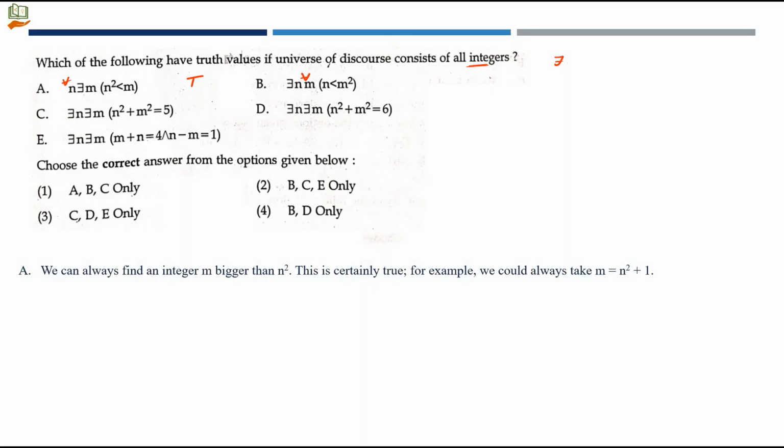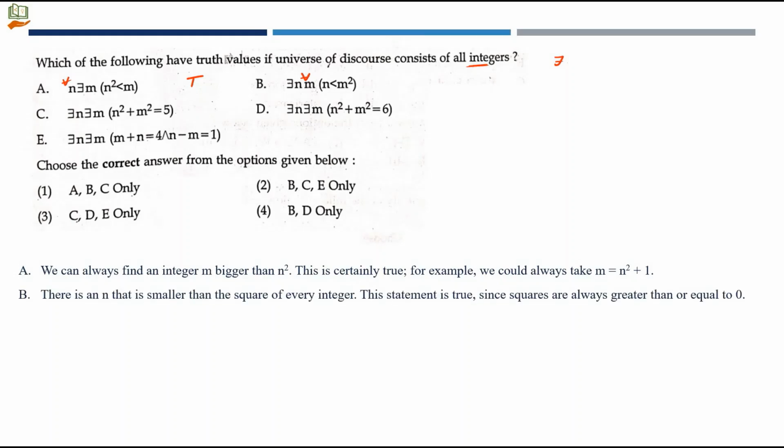Let's go for B. There is an n for every value of m that is less than m square. The exact statement of the expression is that n is smaller than the square of every integer. This statement is true since squares are always greater than or equal to 0. If it is 1 square, it is 1.